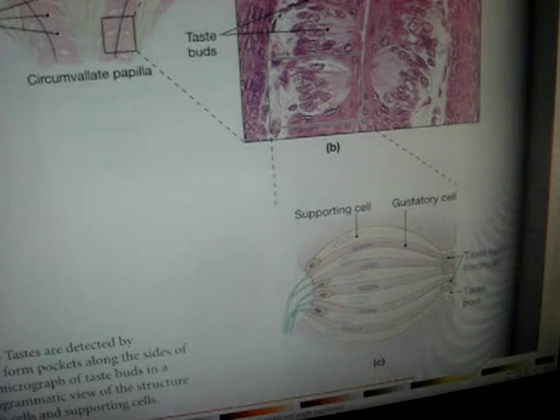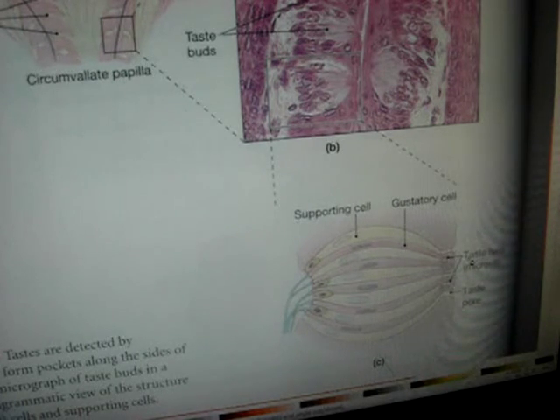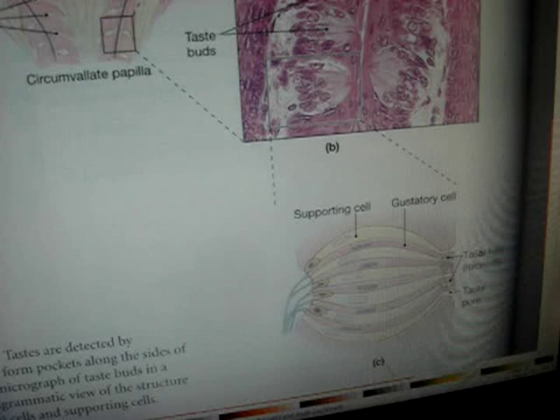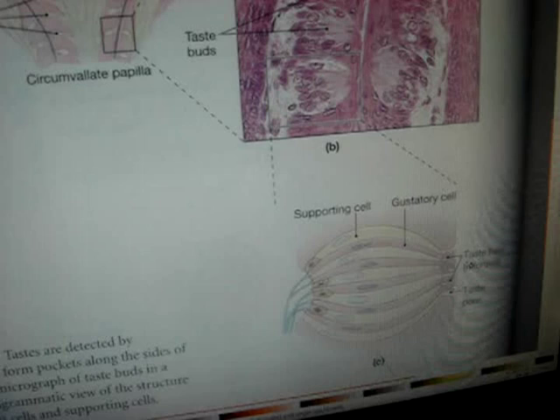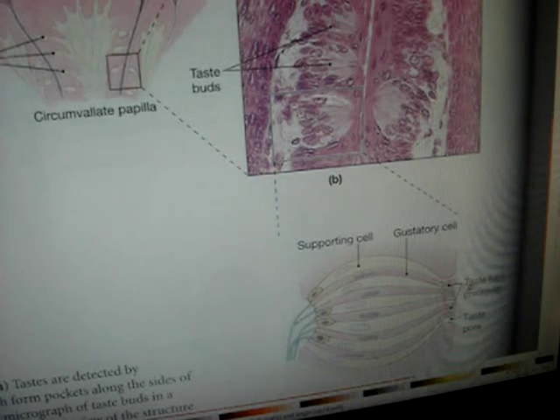So what happens there is, going back to permeability and everything, an enzyme will travel here, enter the taste pore. The way I see the taste pore is, it's pretty much the synaptic cleft. It's that space between things, and that's where chemical agents enter.